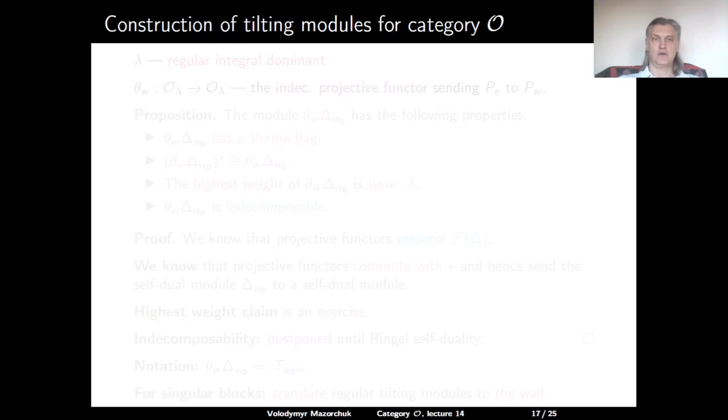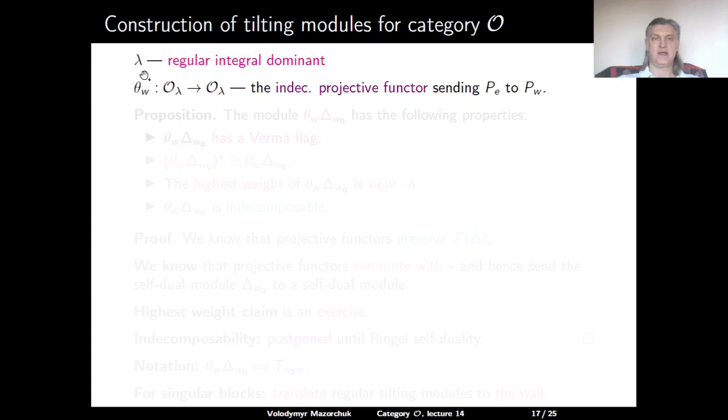Taking this into account, we can now construct tilting modules for category O. Let lambda be a regular integral and dominant weight. Denote by θ_w the indecomposable projective functor from the block O_λ to itself, which sends the dominant projective module P_e to the indecomposable projective module P_w.